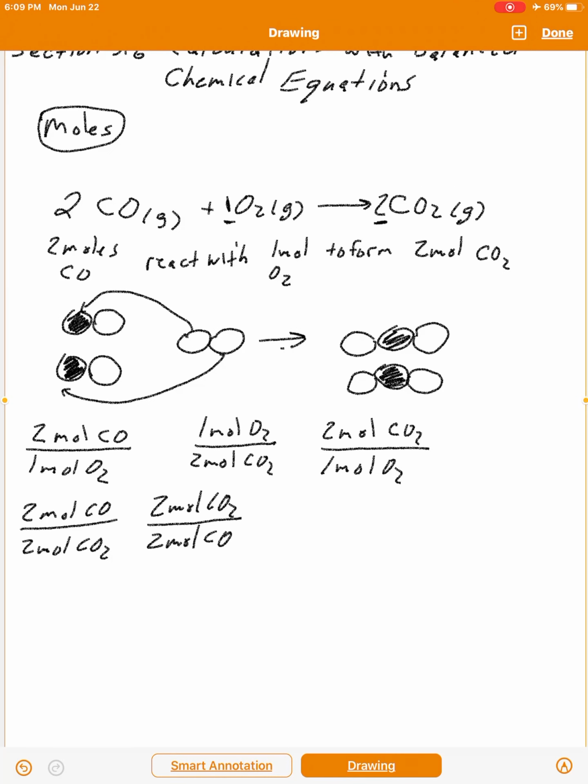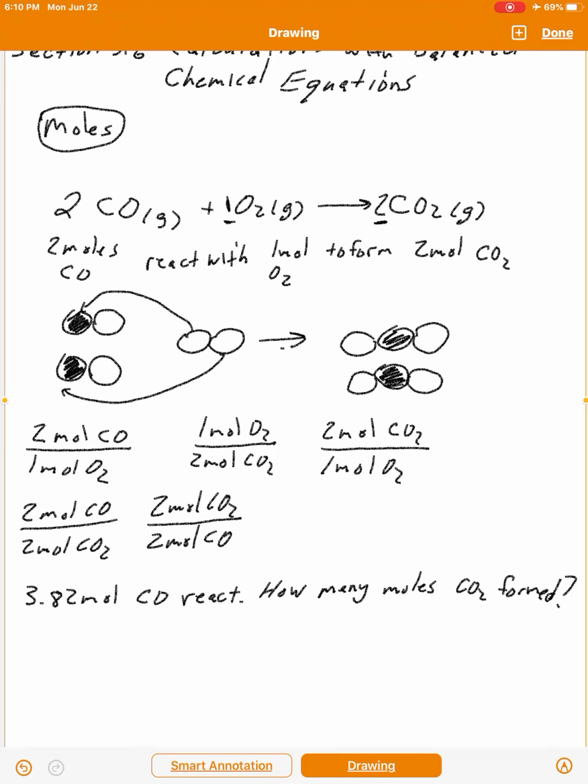Okay? So let's take a look at an example here. Suppose I were to say that there are 3.82 moles of CO react. And then we ask the following question. How many moles of CO2 will get formed?